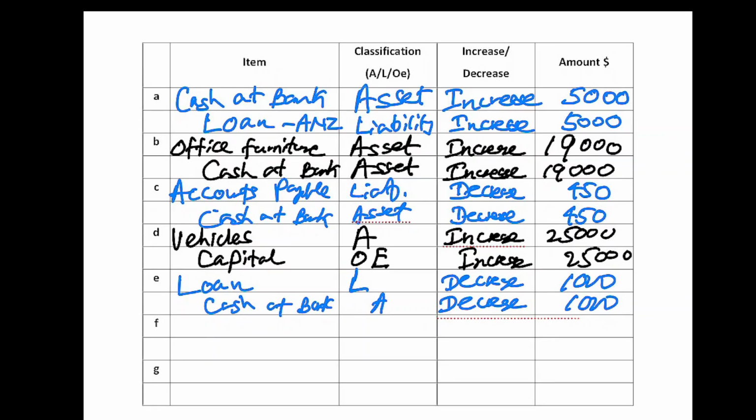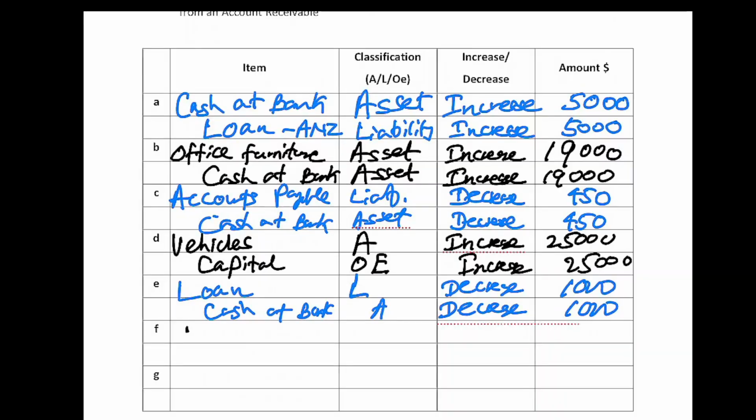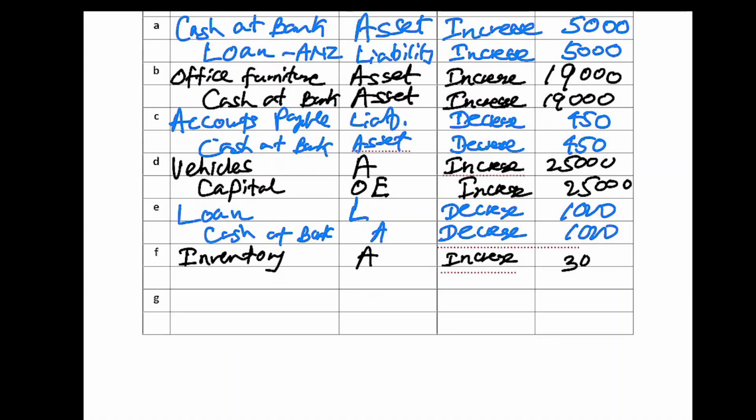How much? 3,000, very good. Inventory, what is it? Is it a liability? No, inventory is an asset. Increase, 3,000.